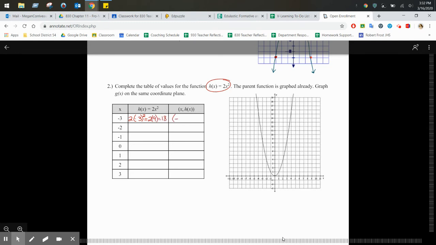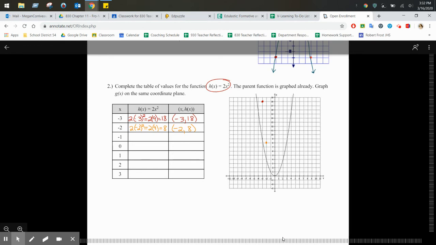So I'll have a point at -3, comma, 18, -3, all the way up to 18, okay? Then I'm going to have 2 times -2 squared. So 2 times 4 would give me 8. So I've got a point at -2, comma, 8. -2, 8 would be right here. There we go.